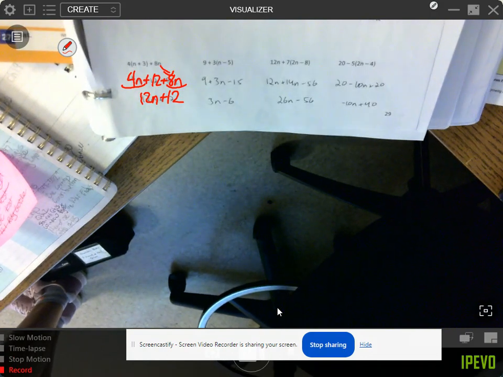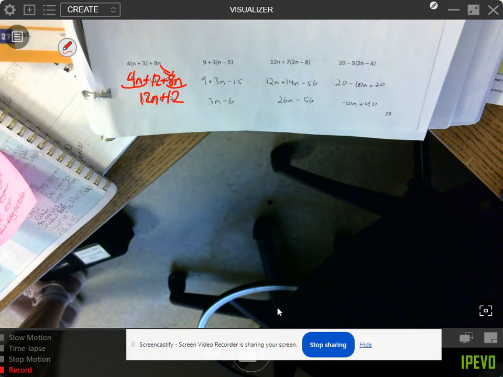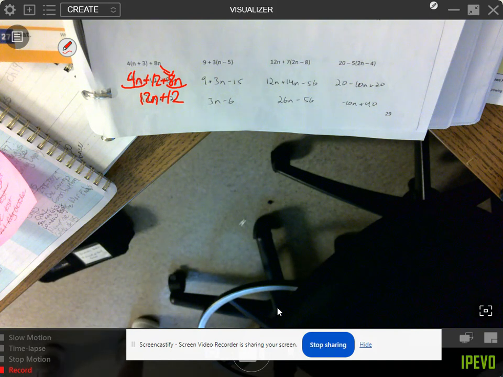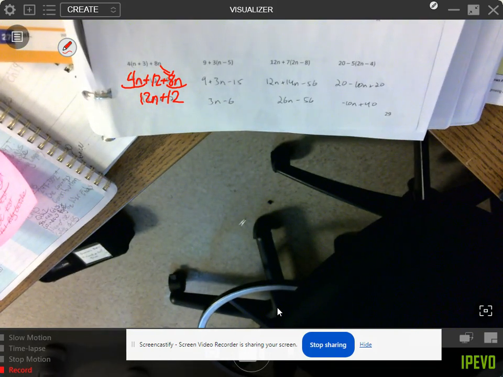And the other ones to go over on this line. Olivia. Second, third, or fourth? Third. I got 24 plus 56. Did you get 24 or 24n? Oh, 24n. Variables matter. Did you have 12n plus 14n?